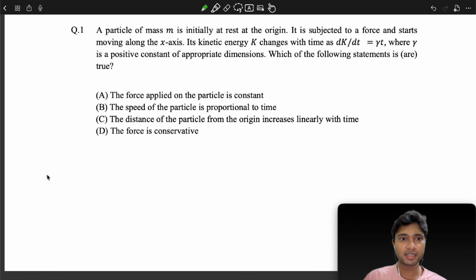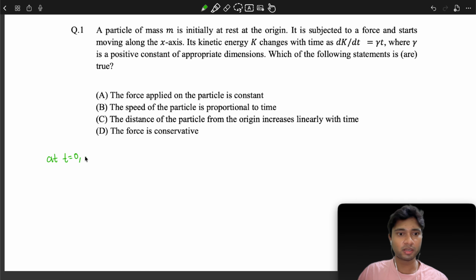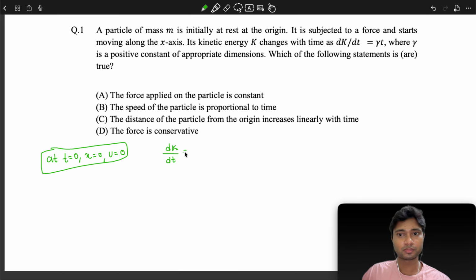So the initial conditions are given that at t equals 0, the particle was at the origin, so I can say x was 0 and u was 0, it was at rest. So these are our initial conditions. And what else is given? dK/dt is gamma t.